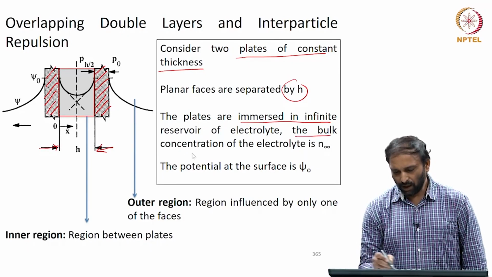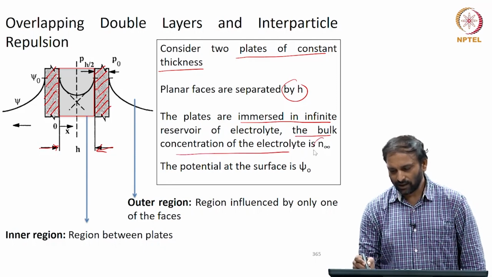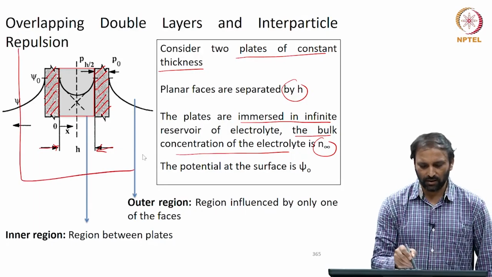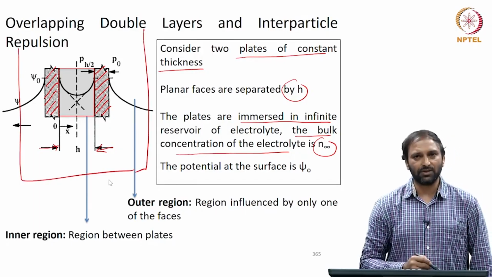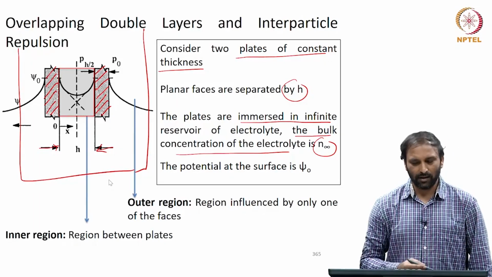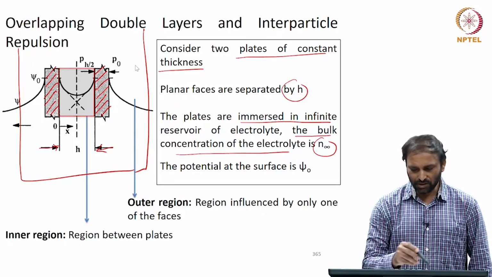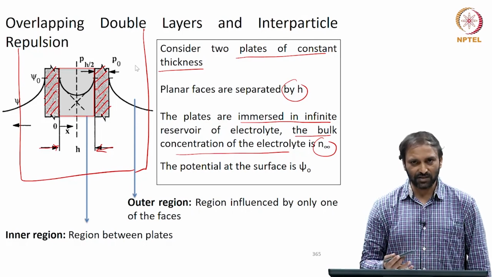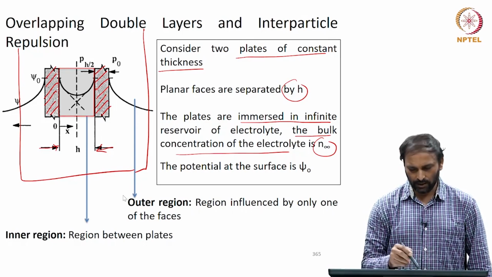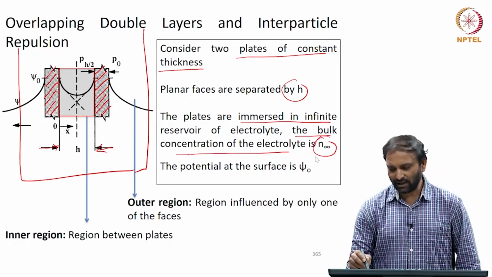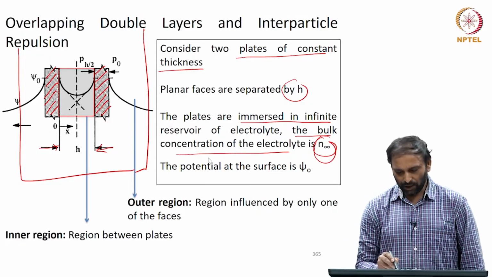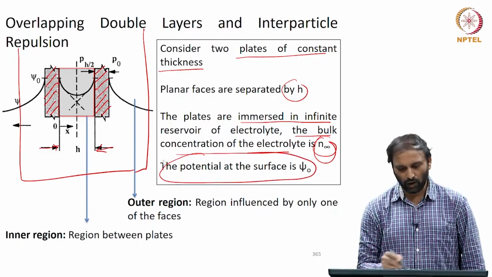That is, the bulk concentration of the electrolyte is n infinity. You should imagine that these plates are immersed in a bath of electrolyte, and the concentration of the electrolyte is fixed, so essentially n infinity, the concentration of electrolyte in the bath, is fixed, and the potential at the surface is psi naught.